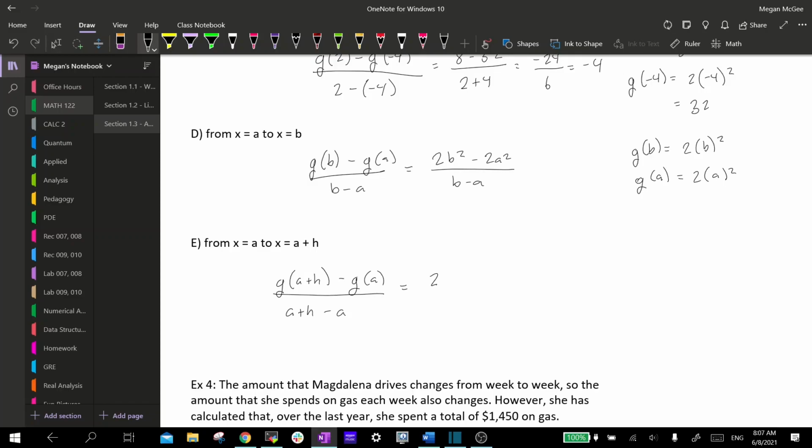Well, that will be 2 times (a plus h) squared, the whole quantity squared, so make sure you're using those parentheses. Alright, minus 2a squared all over, well, these a's in the denominator are going to cancel out, so we're just left with h. Okay? And again, we're going to leave it at that.